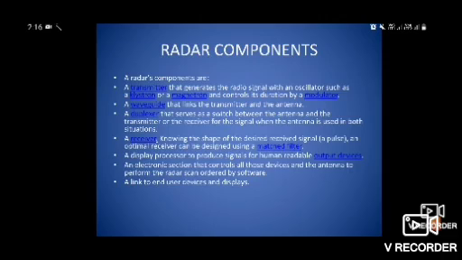And the receiver, we are well acquainted with it. In our communication systems, the receiver receives the signals from the target or from communication devices. In radar, the receiver has a major role because it receives signals from the target or from any place or location.